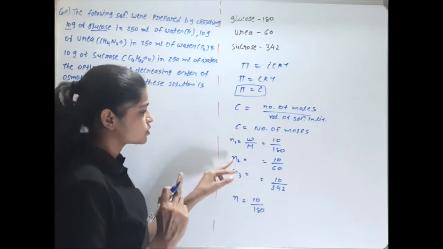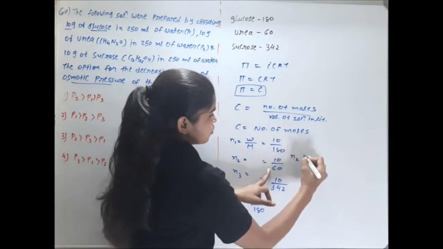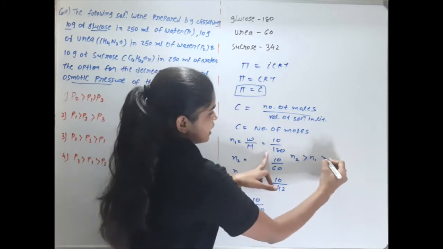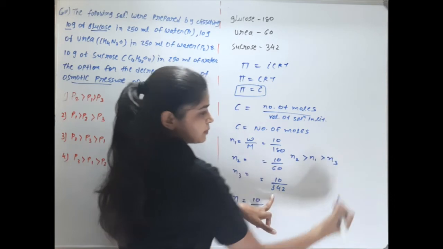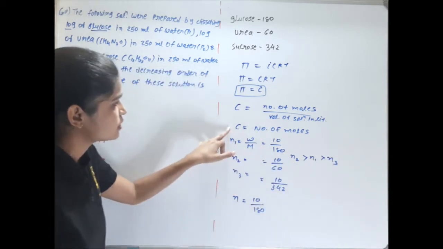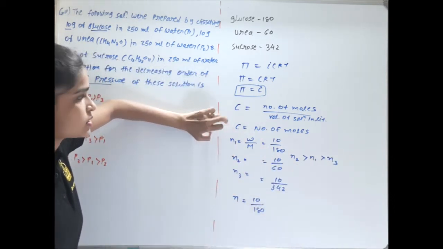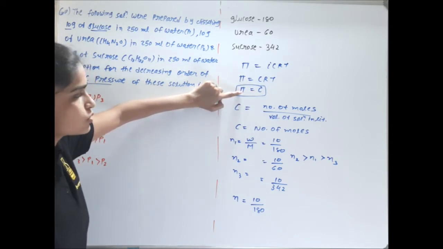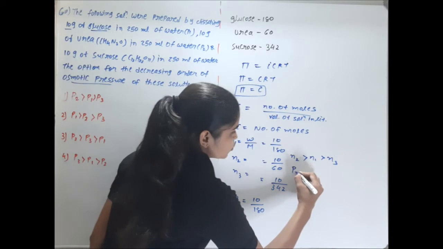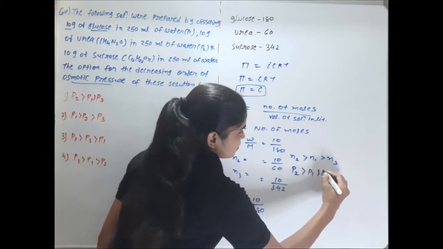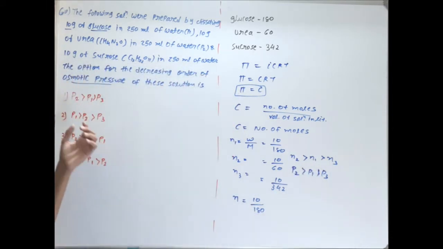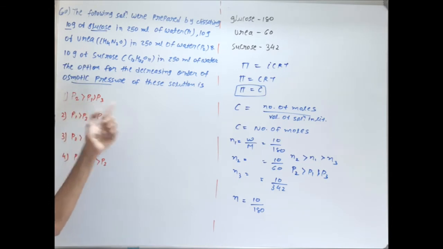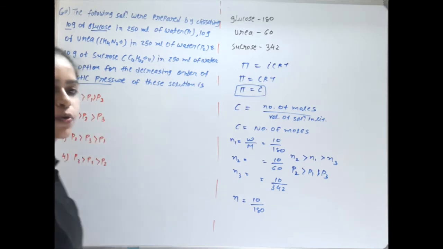So the highest number of moles is n2, then n1, and the next is n3. These are directly proportional to the concentration, and concentration is proportional to the osmotic pressure. So the same order holds: P2, P1 and P3. So the right option in this case is P2, P1 and P3. So the first is the right option.